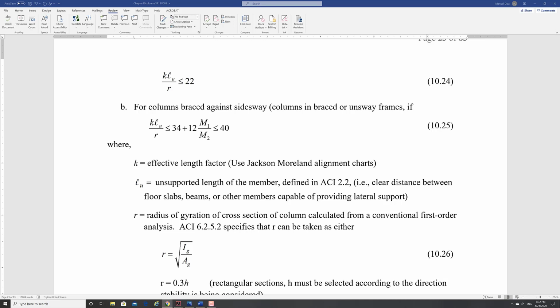And so that's what we're looking at here. Again, if you took steel, you learned the opposite thing about this ratio. Be careful.